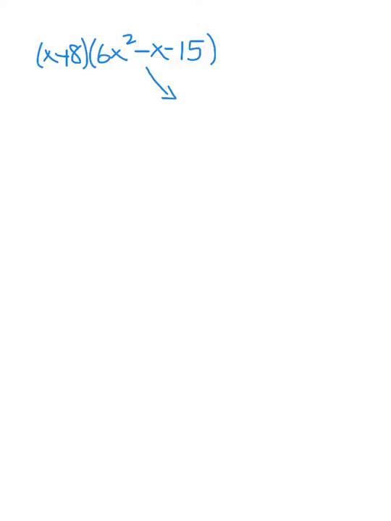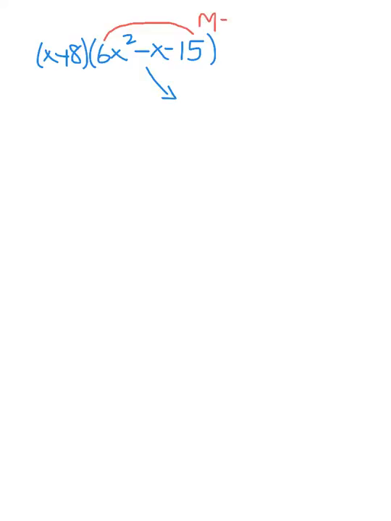So I'm going to factor further, and I'm going to do the rainbow method. Because my lead coefficient, remember your lead coefficient is the number in front of the highest power, in this case the x squared, is not a 1. All right, so what I'm going to do is make my rainbow going from my first term to my last term, and let's multiply those.